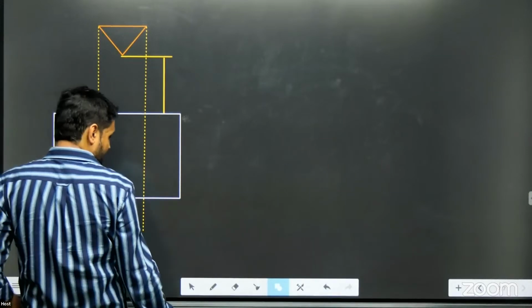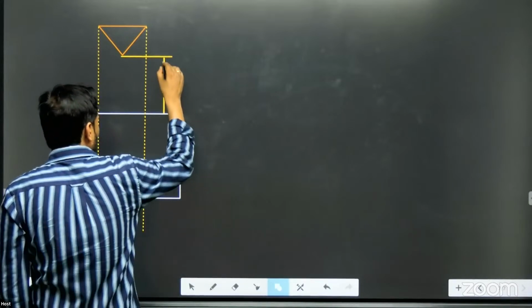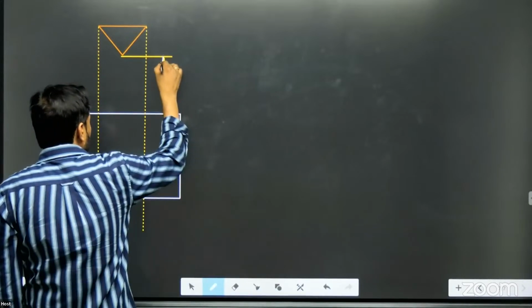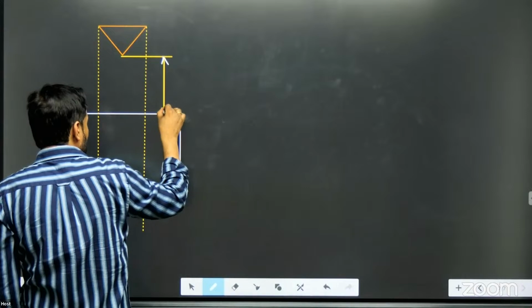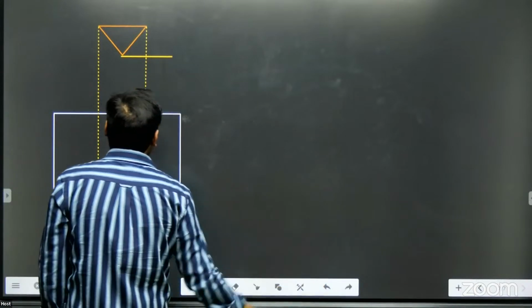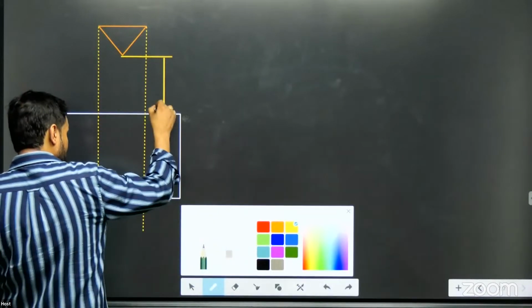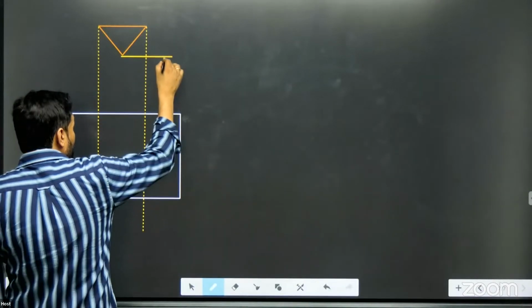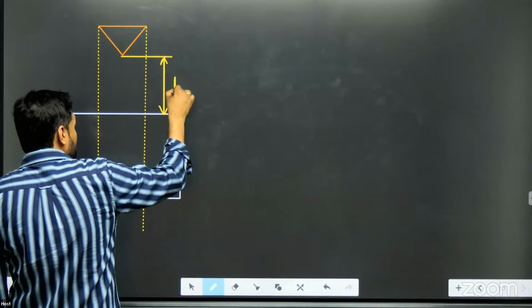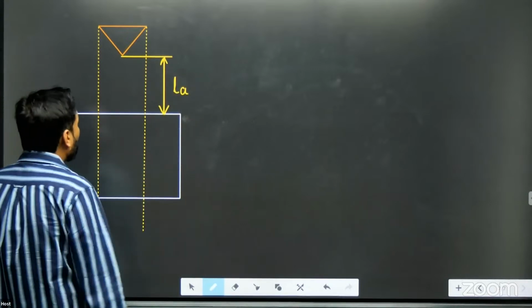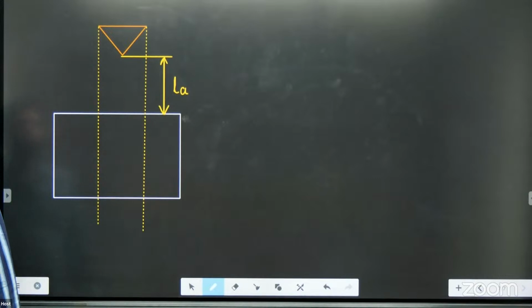So this travel distance which is there, this is the distance when it travels, then it comes in contact with the workpiece. Now it comes in contact with the workpiece. So this travel is what we call as approach.